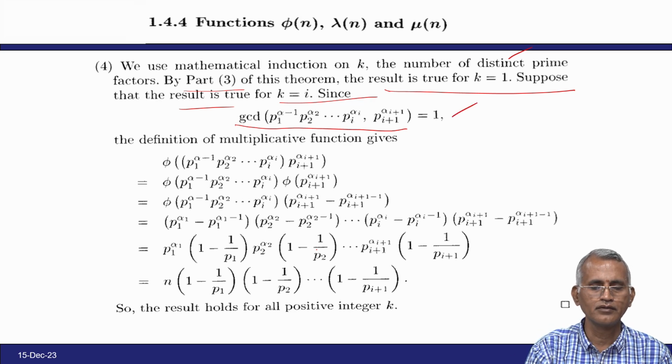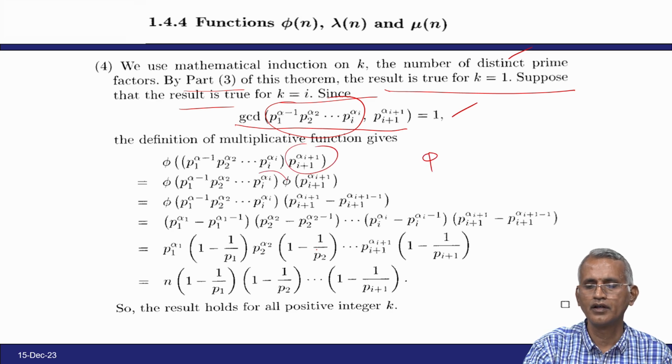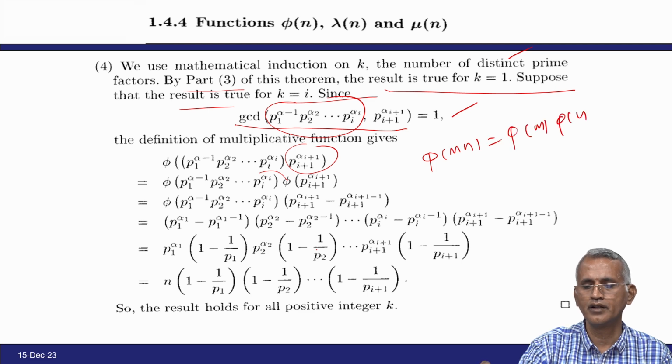By the multiplicative property, we can take the product as two terms, up to this and then separately this, so that phi of mn equal to phi of m into phi of n.